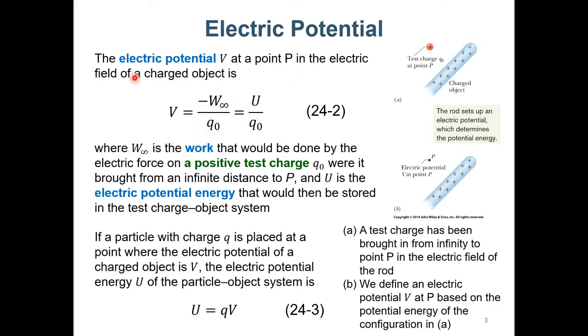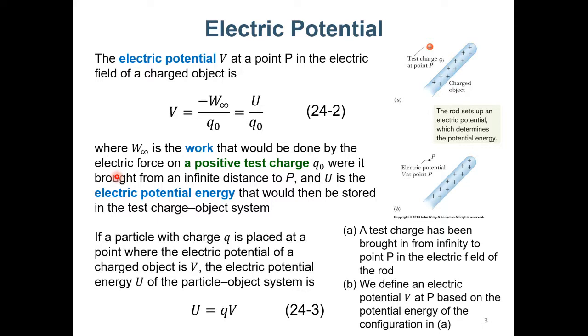And the electric potential is defined by minus W infinity divided by Q0. Q0 is the charge of this particle. And W infinity is the work done by the electric force, not done by you.